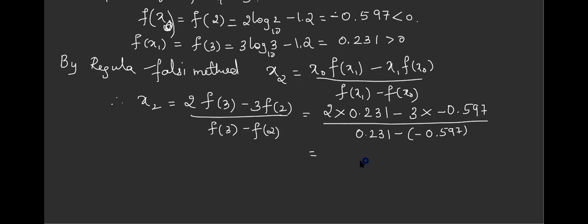2.72. Very good. While writing, tell me 4 digits, please. 2.7210. If I don't write the 0, no problem. So this is 2.721. If you are not getting the digits, no worry. Now this is x2.